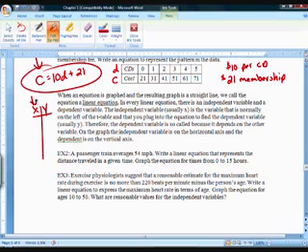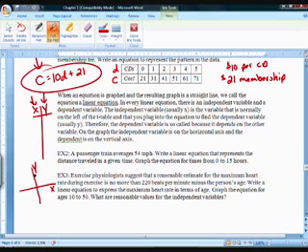Whatever's on the left is called your independent variable. Whatever's on the right is called your dependent variable. That's what this next paragraph says. When you actually graph it on a coordinate plane, your independent variable is your horizontal axis, your dependent variable is your vertical axis.